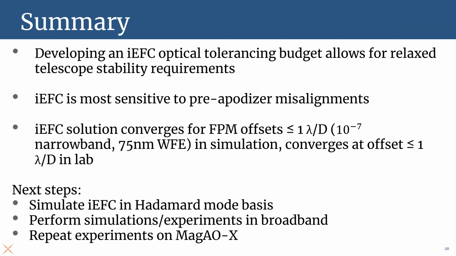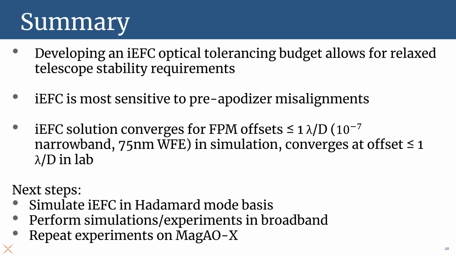So to briefly summarize the work, developing this kind of iEFC tolerancing budget allows for relaxed telescope stability requirements, which is particularly important for future space-based missions such as the Habitable Worlds Observatory.